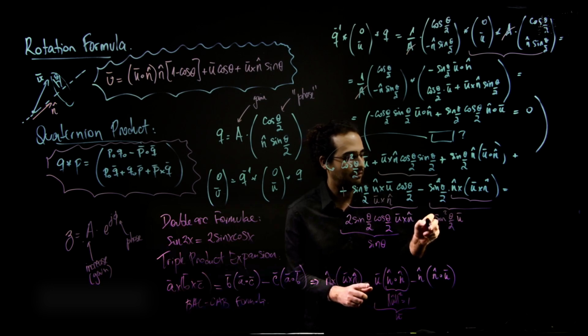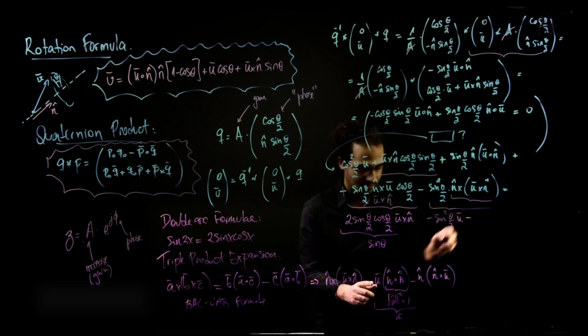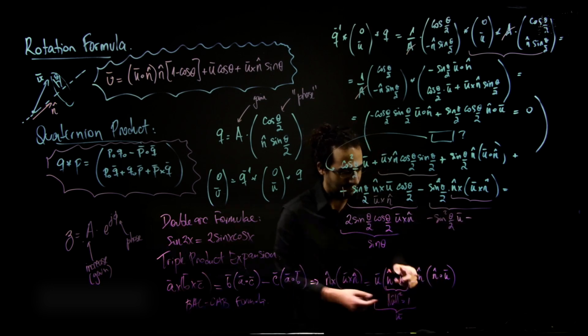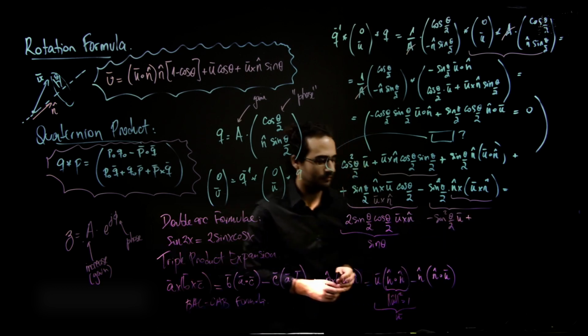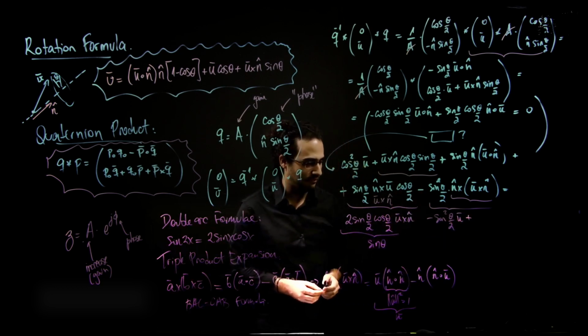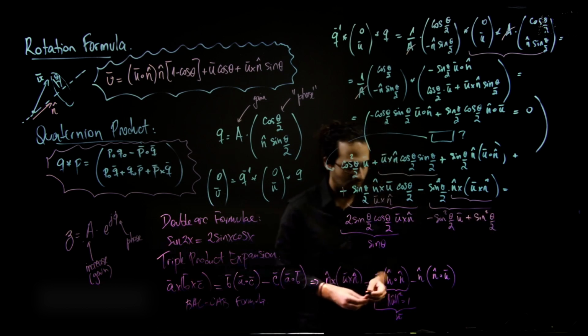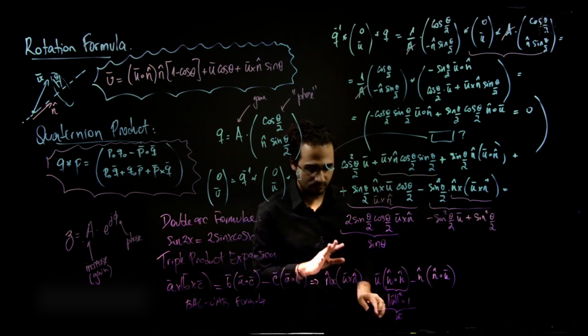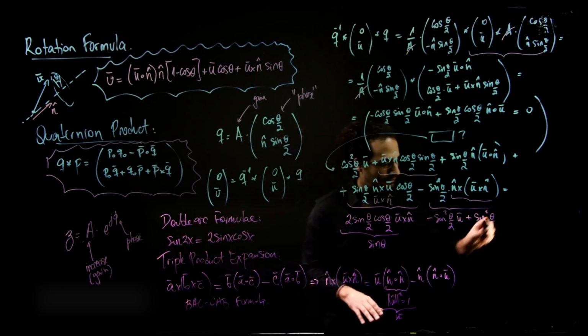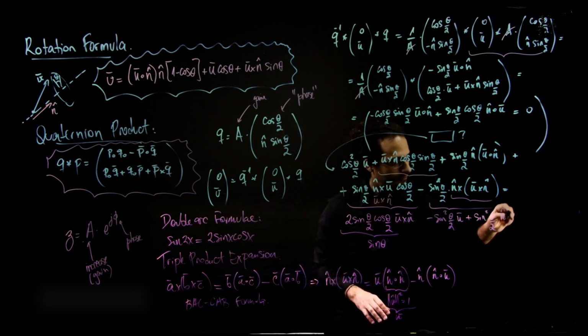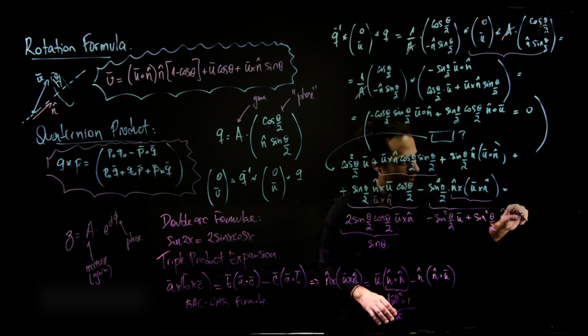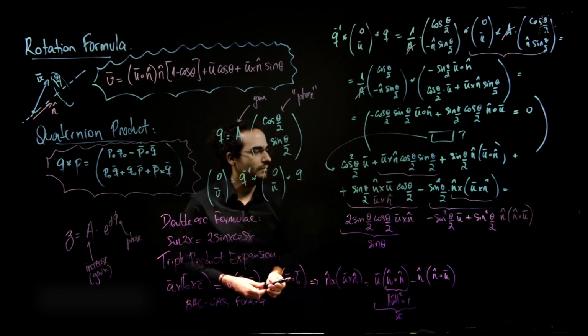So there's a minus here, we'll keep that minus over there. And minus this other term, although with that minus it becomes a plus. So this minus with this minus is a plus of sine squared of theta over 2 n dot u. So you have that.